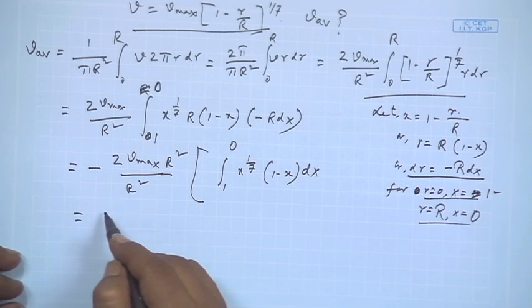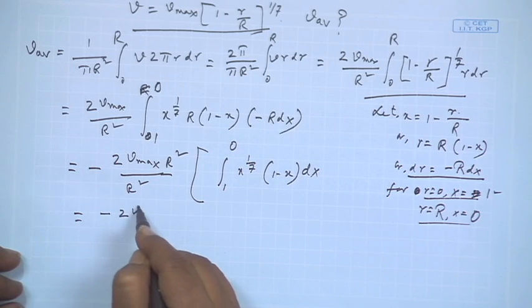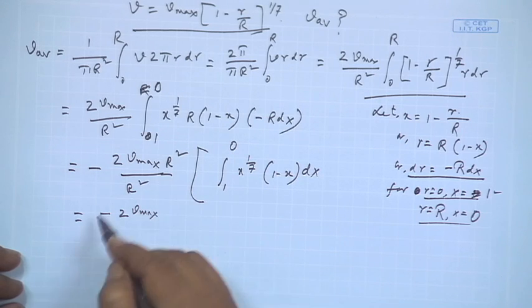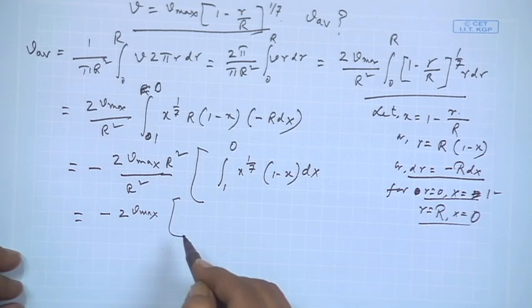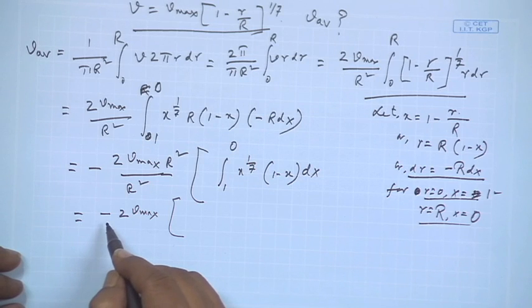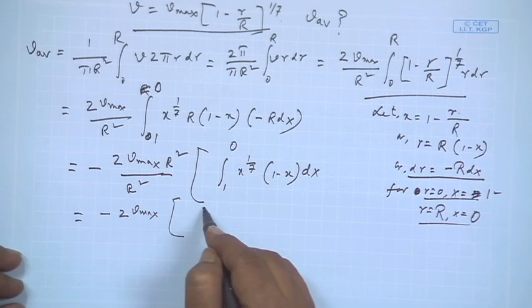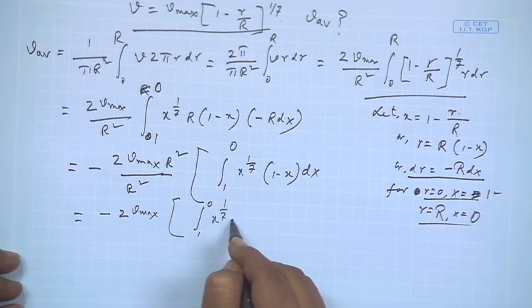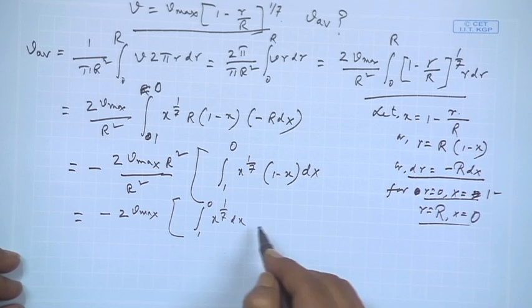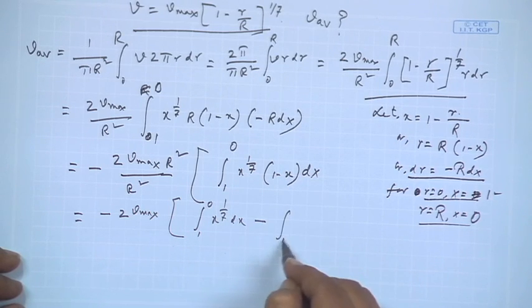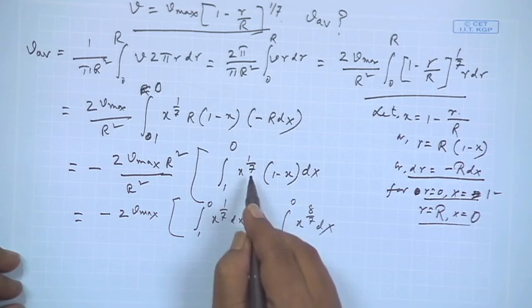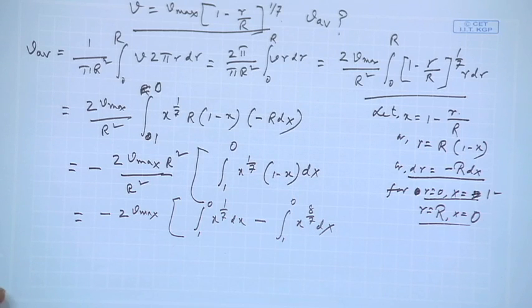On simplification, R square goes out, and with the negative we can write it as 2 V max, integral from 1 to 0 of x to the power 1 by 7 dx, minus integral from 1 to 0 of x to the power 8 by 7 dx. This is 1 by 7, minus 1.